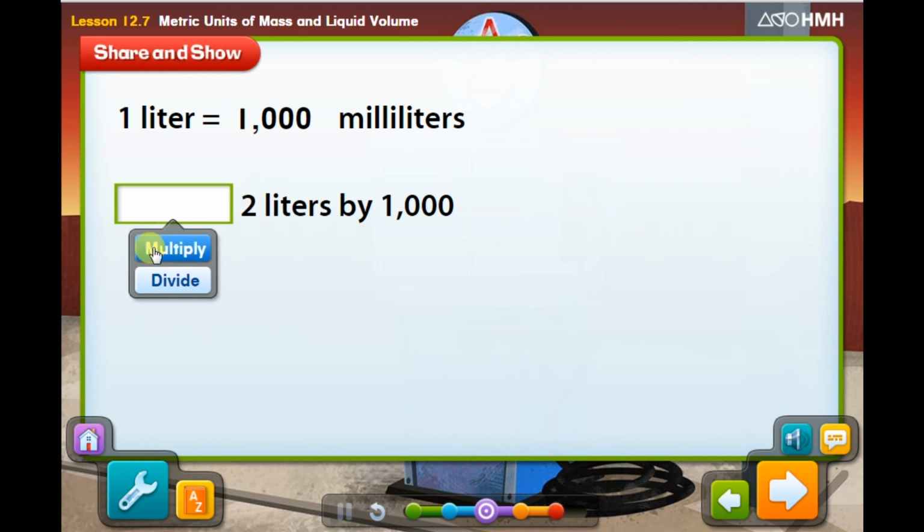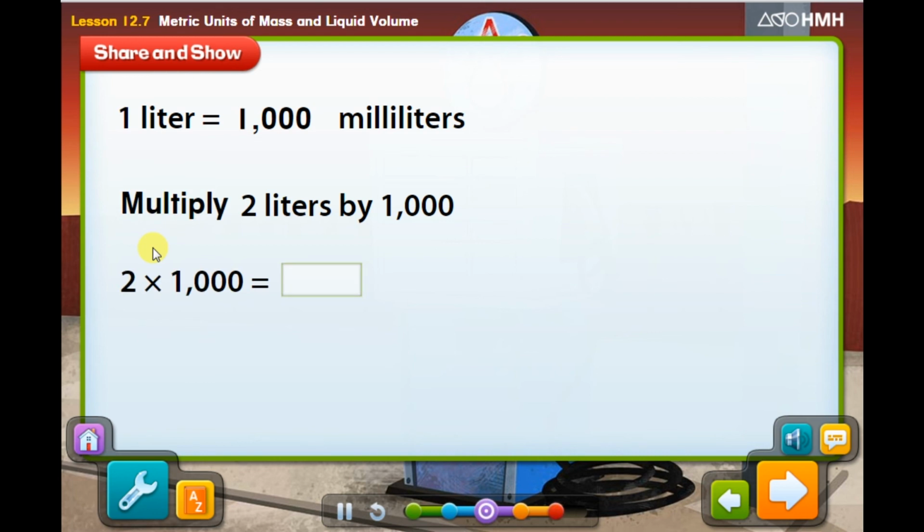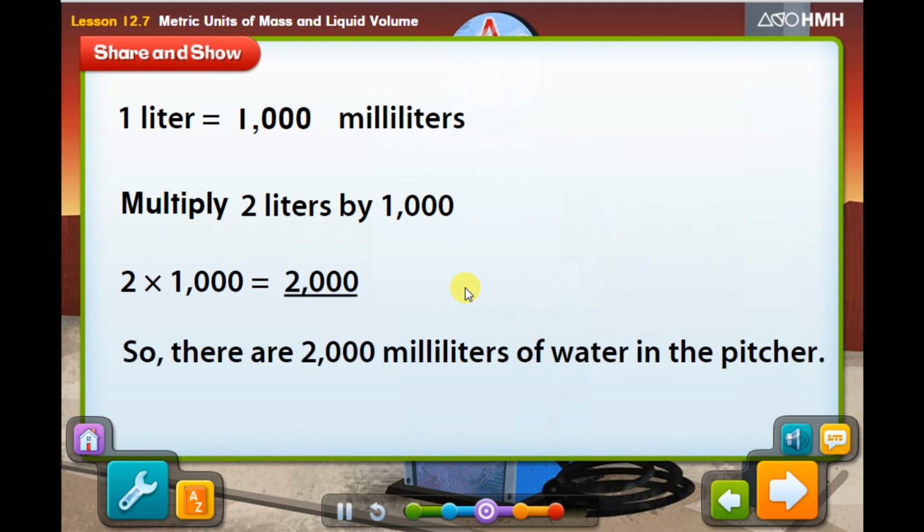Great job! You're converting from a larger unit to a smaller unit, so you will multiply 2 times 1,000. What is the product? Put the 3 zeros, and 2 times 1 would be 2, so it would be 2,000. Excellent. So there are 2,000 milliliters of water in the pitcher.